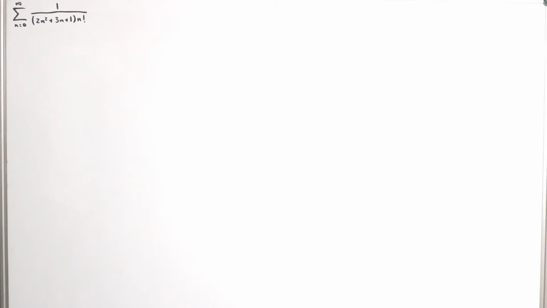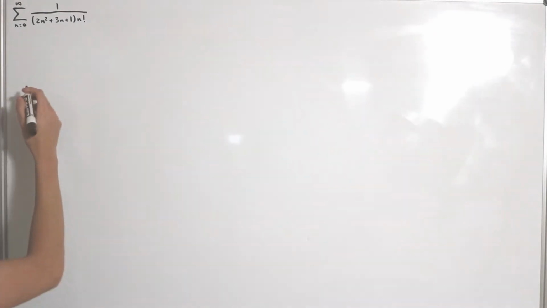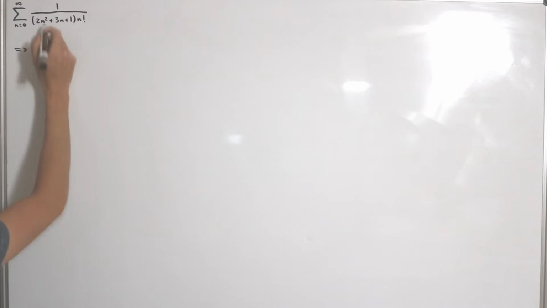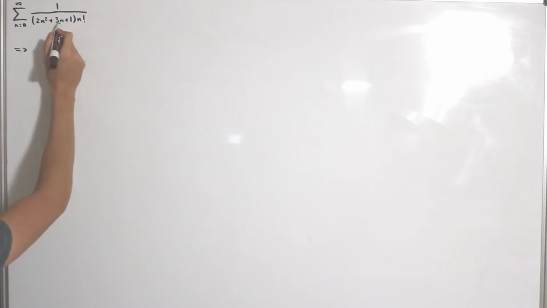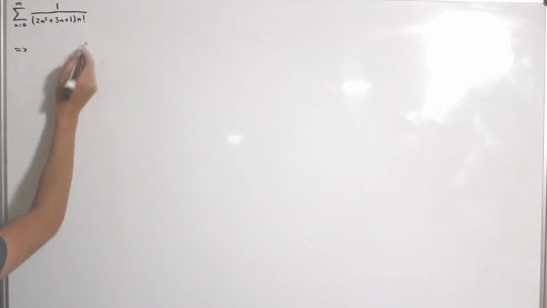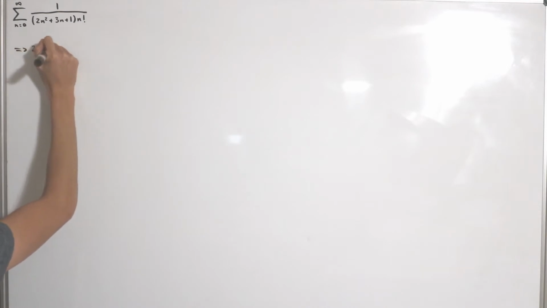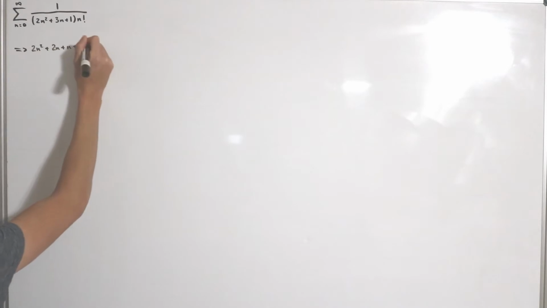Let's actually rewrite our denominator. Specifically, we're just going to rewrite what's in parentheses a little bit differently. Starting off with 2n squared plus 3n plus 1, I'm going to rewrite 3n in terms of 2n plus n, so 2n squared plus 2n plus n plus 1.